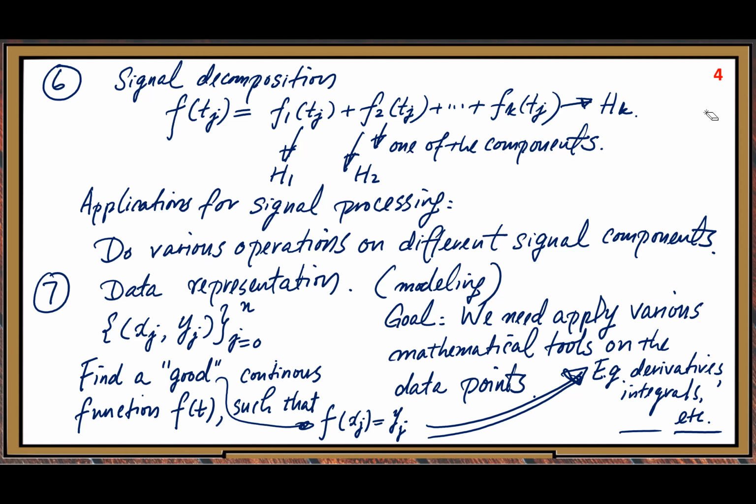Here, the goal is to apply various mathematical tools on data points, for example derivatives, integrals, and many different transforms. Think about advanced, powerful data processing tools. Think about Fourier transforms.